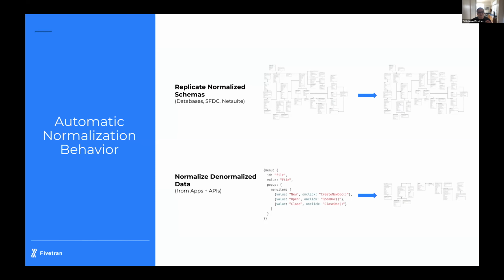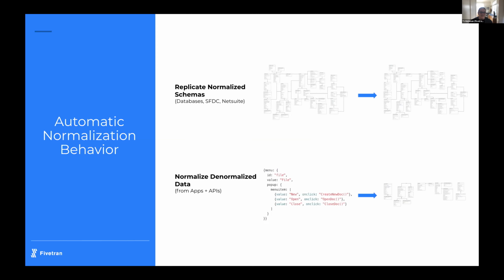We will simply replicate those normalized schemas in the destination warehouse. So we do a little standardization, for things like we'll lowercase all column names, and we use a timestamp format as a convention. But other than that, what you see in the source is exactly what you're going to see in the destination in terms of the schema structure itself.